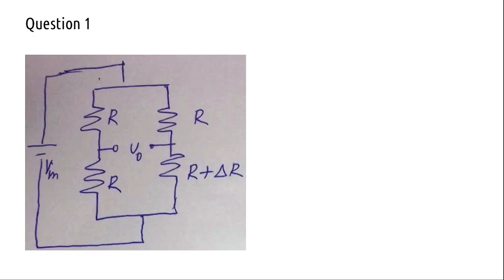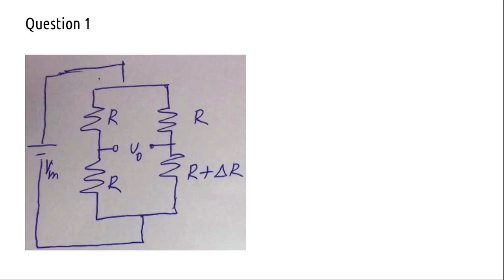So this is your figure. Say I have taken all those 3 resistance values at R, 120 ohms, the other one as R plus delta R. Now just find an expression for V output.